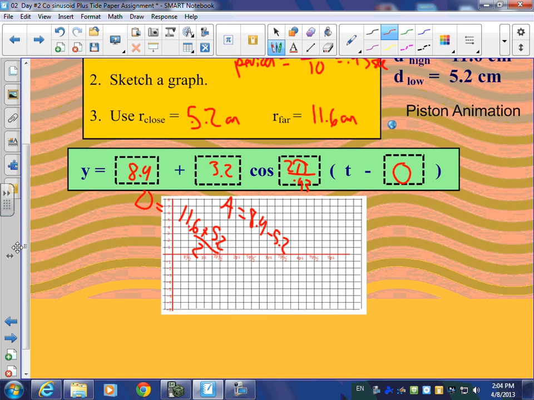And I'm going to draw a sketch of it just so you get a visual of it. The close position was 5.2. The far position was 11.6. Okay, and we started at the high, and it just goes like that.